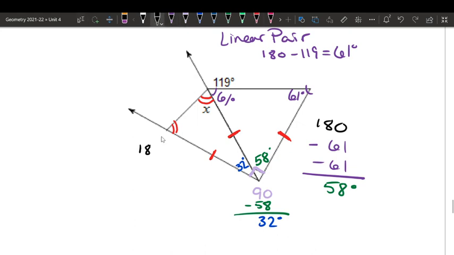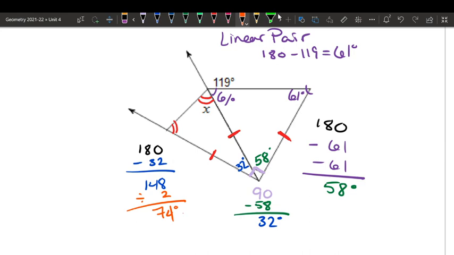So again, start with 180. This time I'm subtracting 32 because that is the one angle of that triangle that I know. So 148. And then I want to split it in half. 148 divided by 2 is 74.